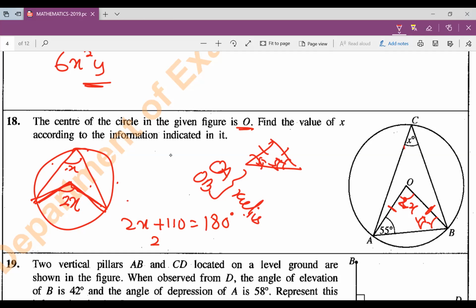So 2x will be equal to 180 minus 110. 180 minus 110 is equal to 70. If 2x is equal to 70, x will be equal to 70 divided by 2. It is 35 degrees.